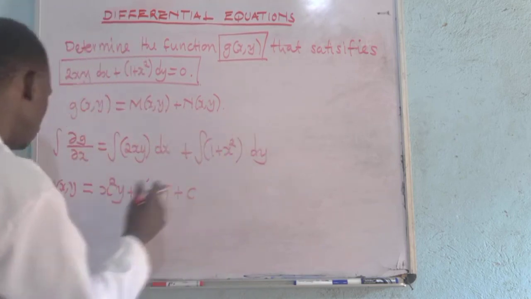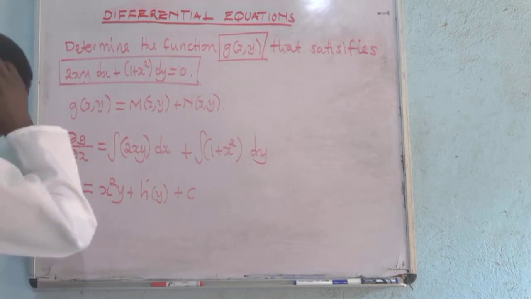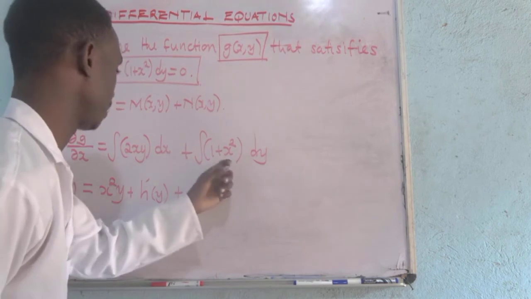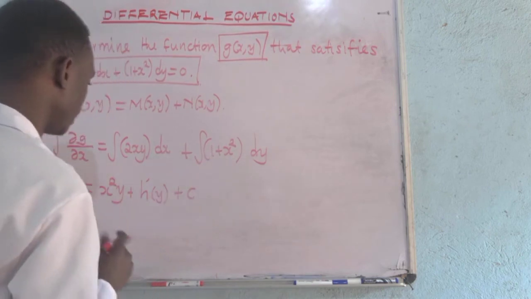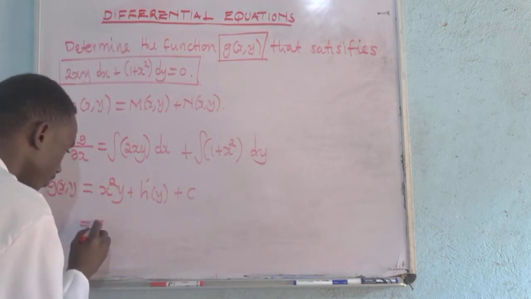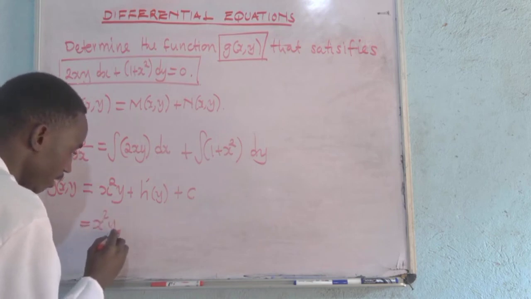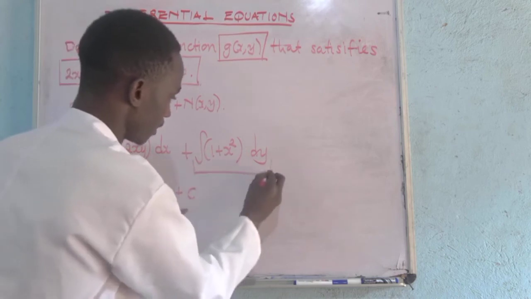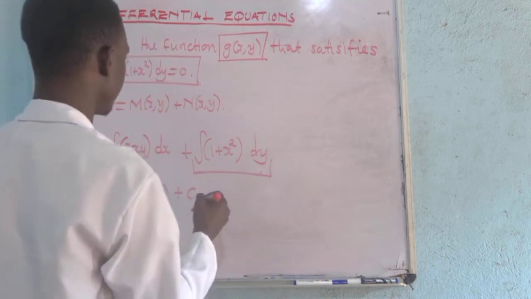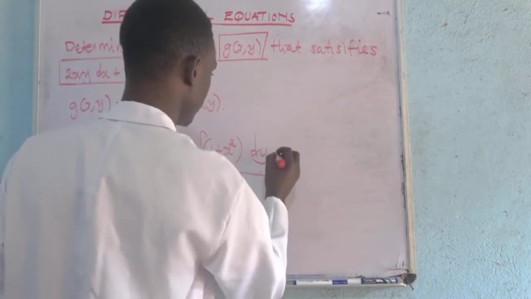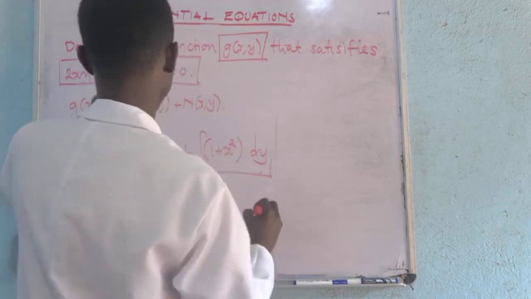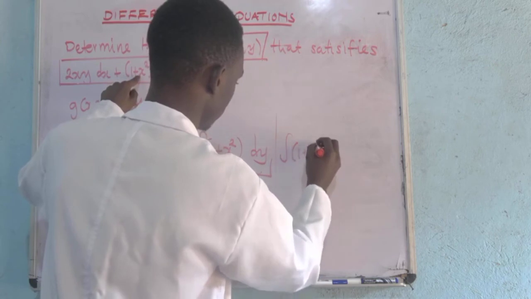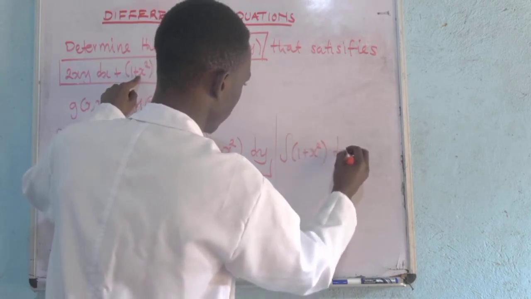So at this point, you add this part to what you already have. So adding this part, what you have is already x squared y plus what is going to come here, which is this part here, dy.